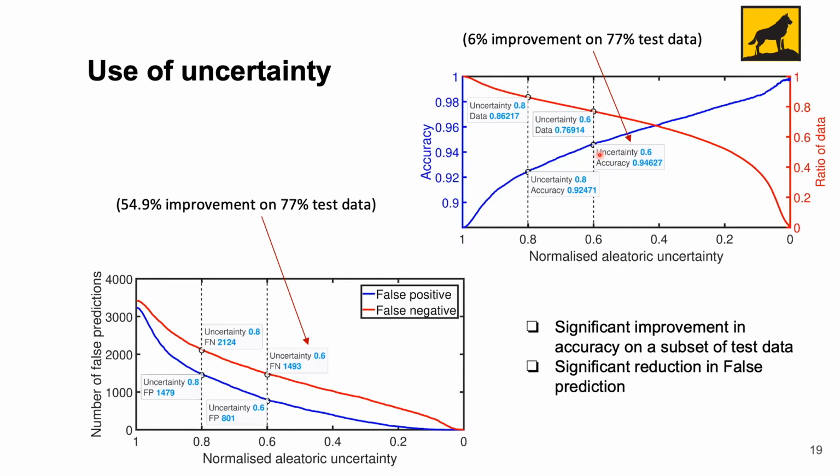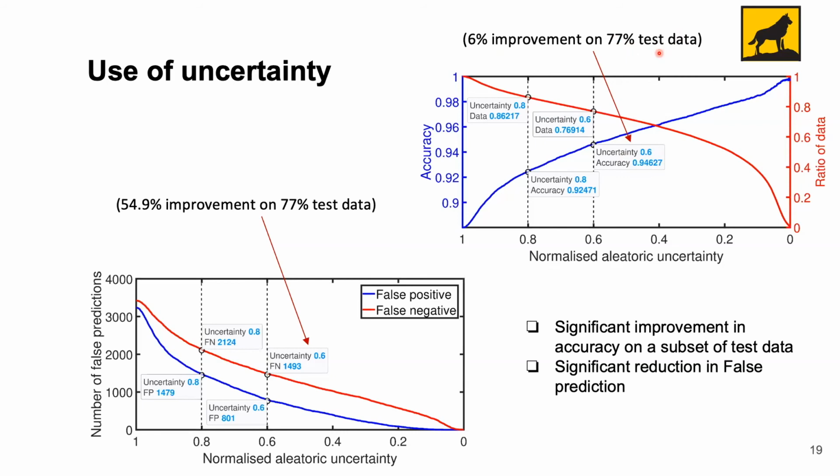Then I look at the two data sets. The data where the uncertainty is less than 0.6 is about 77%. And on that high confidence data, I see the accuracy jumps to 94%. So that is a 6% improvement on a subset of data, 77% of the test data, where the model has lower uncertainty.